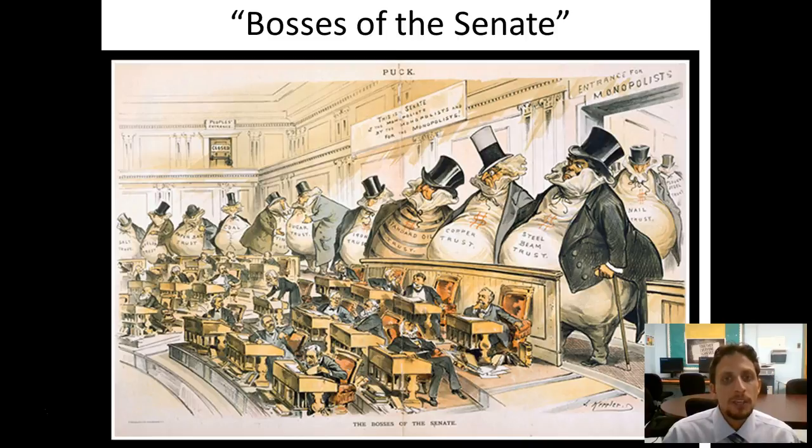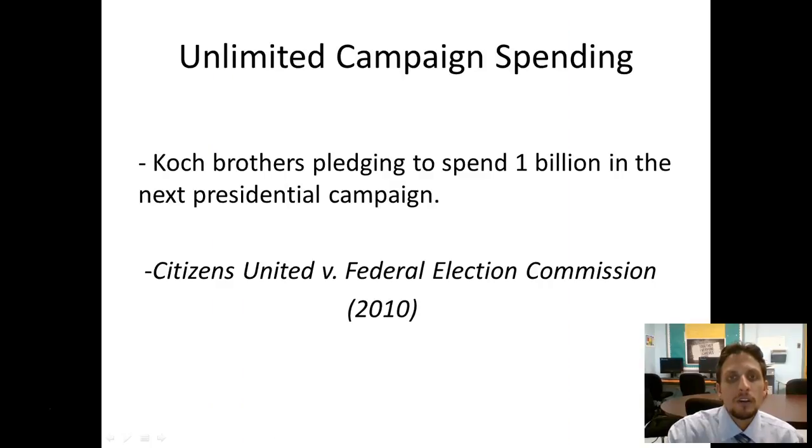And the American people are feeling like the working class is the one being left out in the cold here, while industrialists are basically using the government to get what they want. So this political cartoon called The Bosses of the Senate really emphasizes this and becomes one of the most famous cartoons of the era.